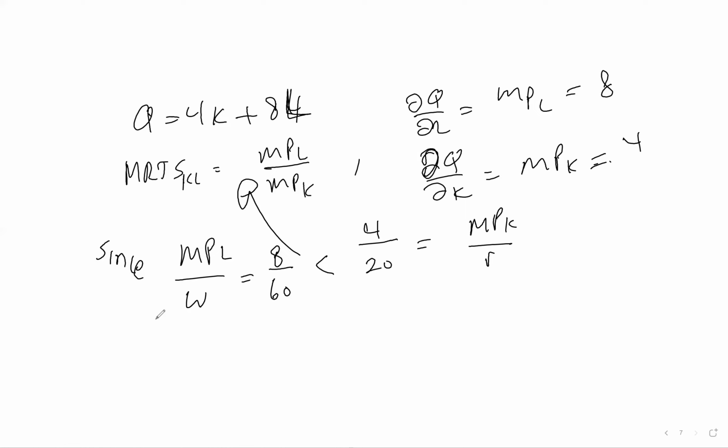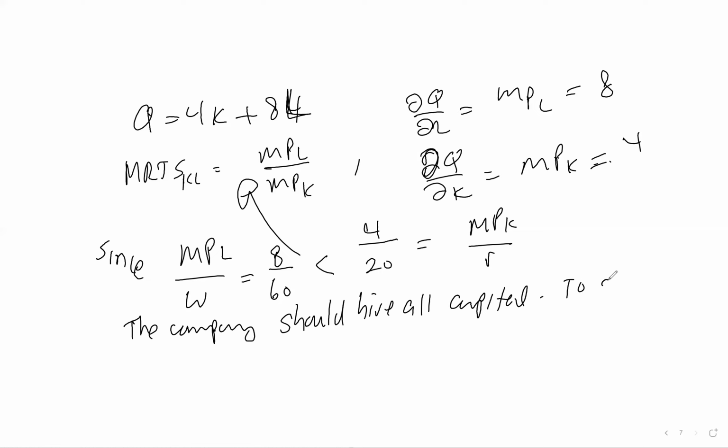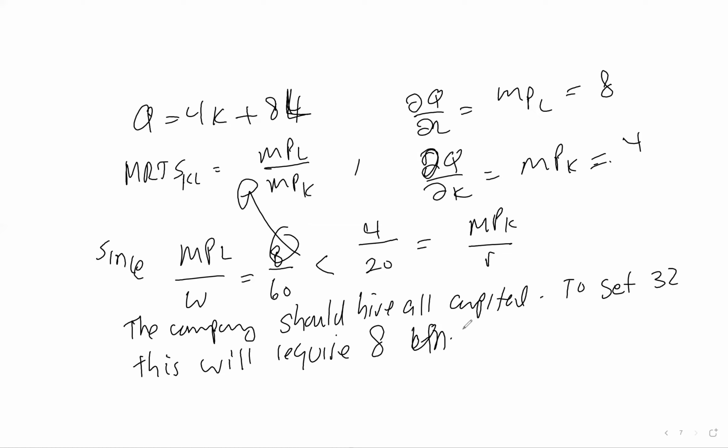This expression means that the company should hire all capital to get 32 units of output. This will require 8 units of capital.